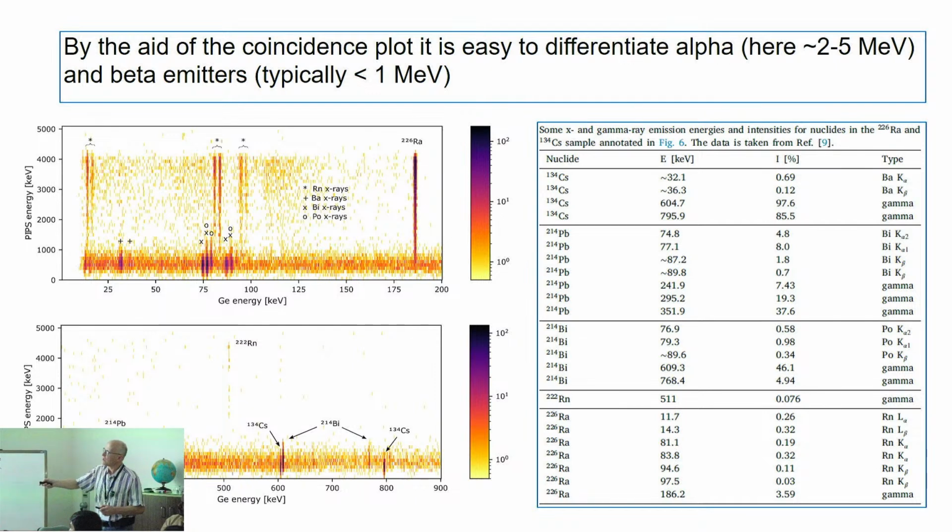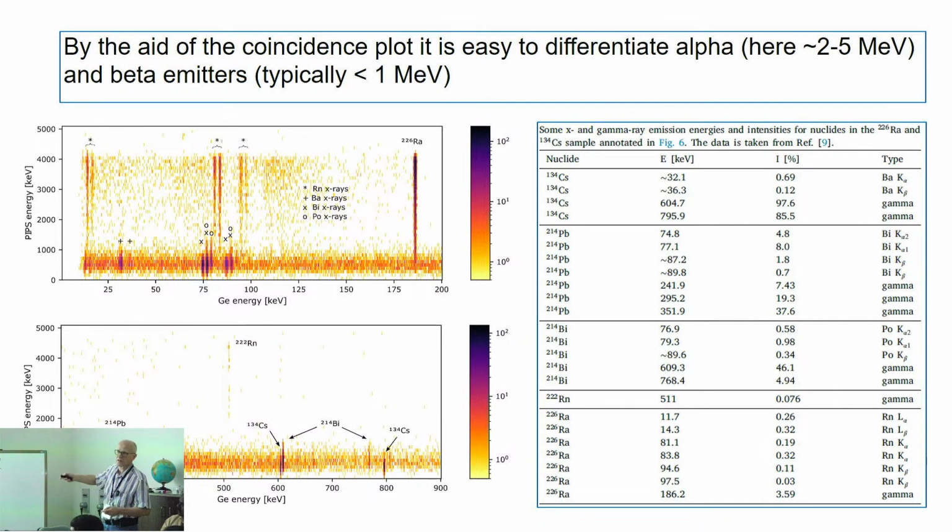Now these are not spectra, but we put a color signal showing how many alphas or gammas we detect. For example, let's look at this example. Gamma energy goes from 100 up to 900. As you know, lead-214 emits these gammas.